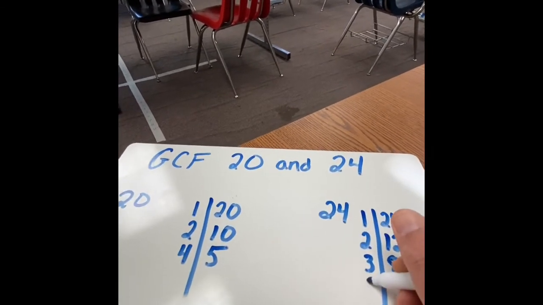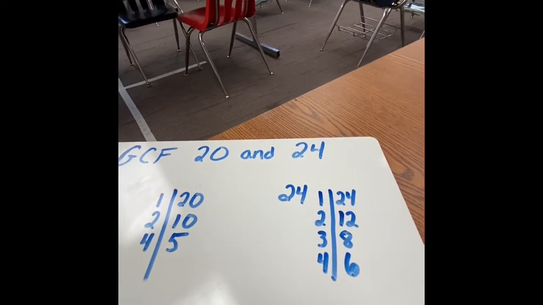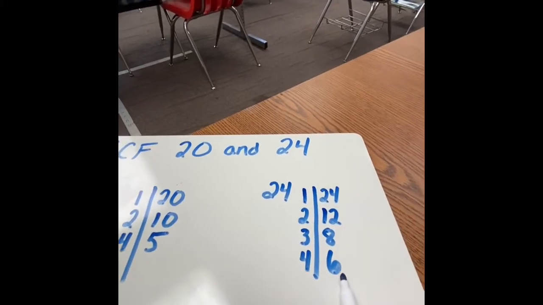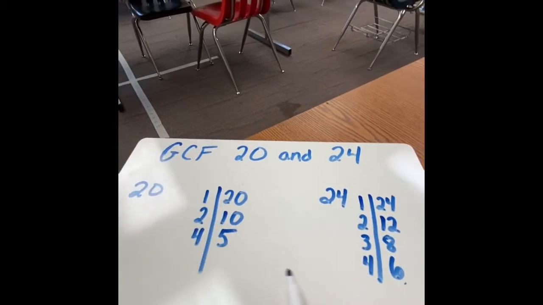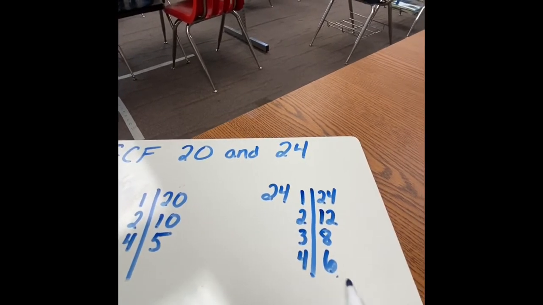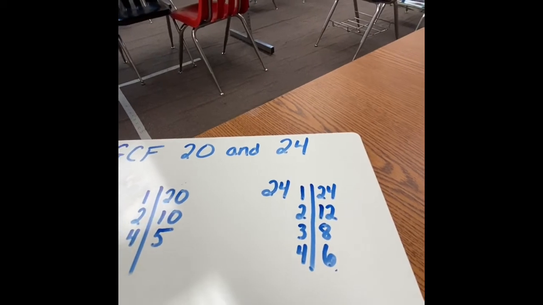Now 4 and 6. 5 can't because it doesn't end with a 0 or a 5. 6 can, but that repeats. Remember what I told you when you repeat? When you repeat, that tells you have all your factors now, so you can stop.